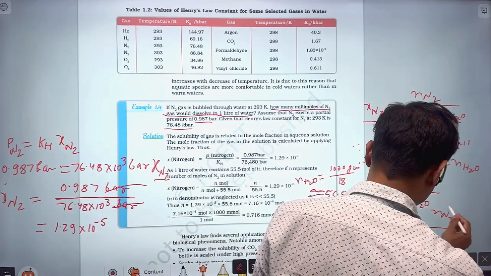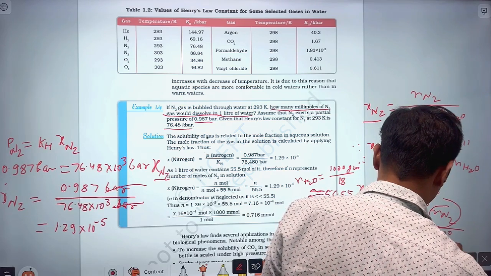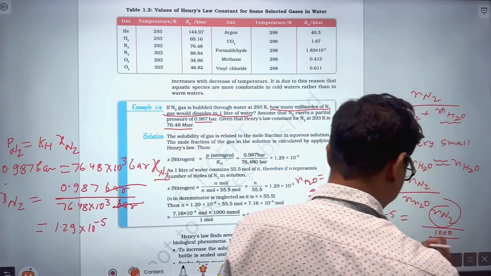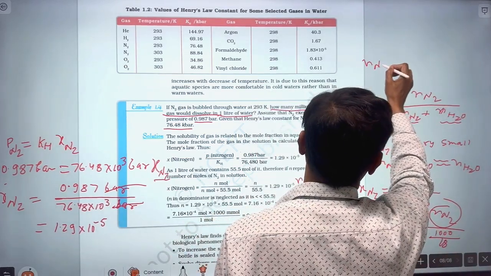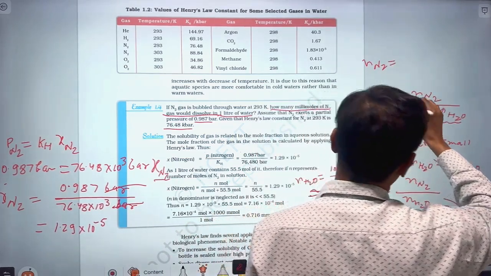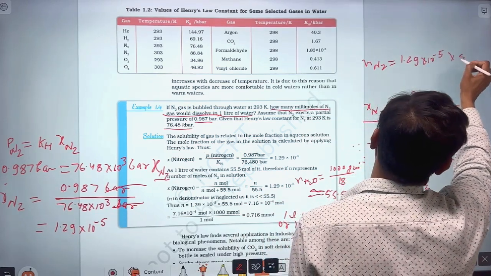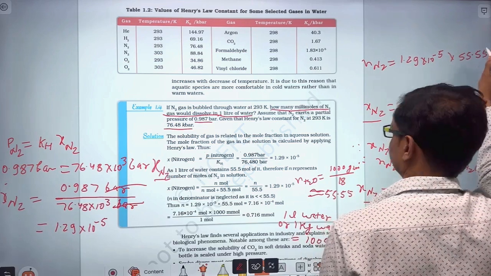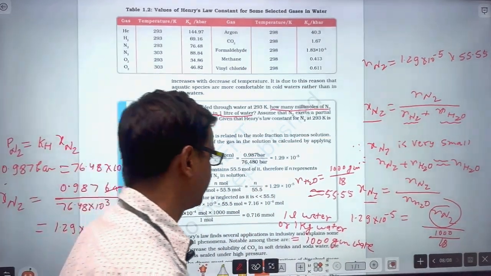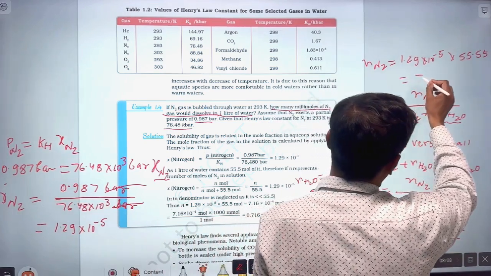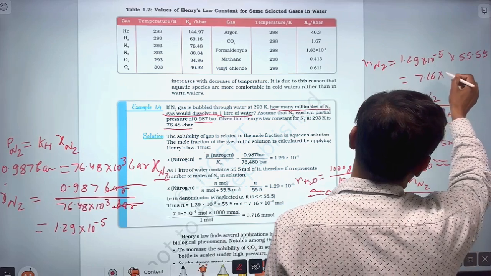So the number of moles of nitrogen will be equal to 1.29 into 10 power minus 5 into 55.55. That much. Okay. So after multiplying them, that will be 7.16 into 10 power minus 4.